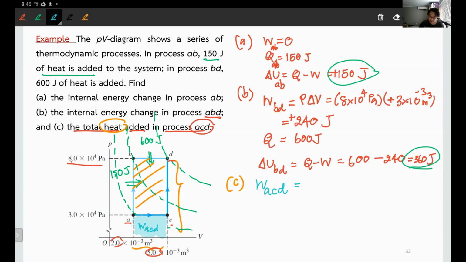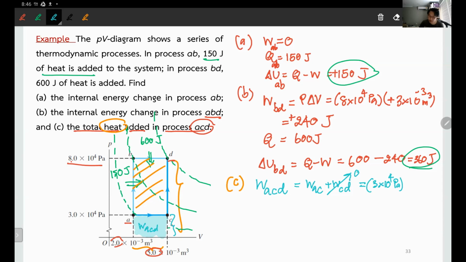Just to be clear, it's the work done from A to C plus the work done from C to D, but this second term goes to 0. That will be just the width times the height. The height is 3 times 10 to the 4th Pascal.